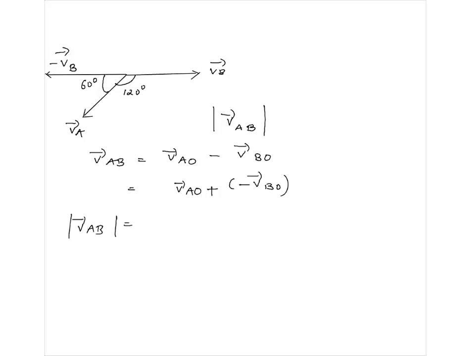Formula: square of the first, square of the second, 2 times VA, VB, cos of this angle, 60. And then under root of the whole thing. But VA is equal to VB.